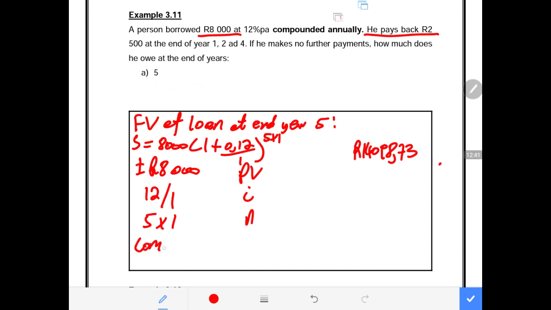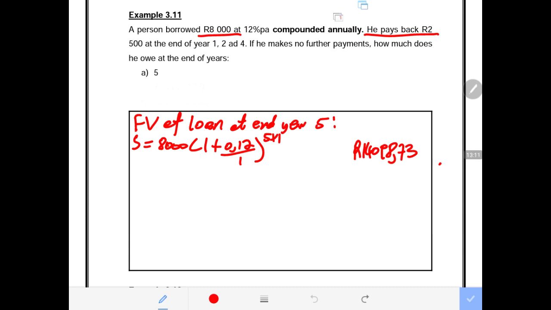Then we could have said compute future value. So you can still do that. Let us test it. Plus minus 8,000 is our present value, 12 is our I, 5 is our n. Compute future value is the same amount. Because this will take more space, let me not use the functions of the calculator, just use the formula. Now we need to calculate the future value of the payments.